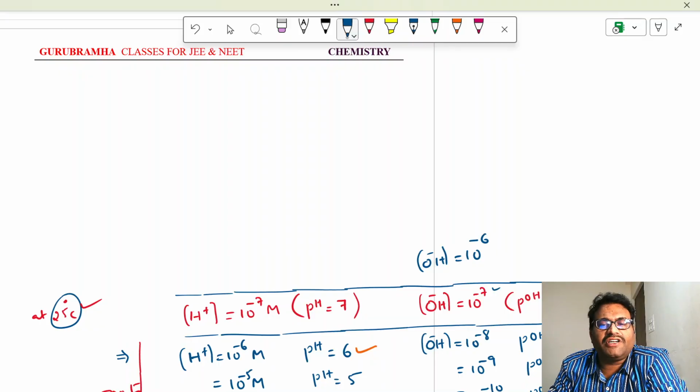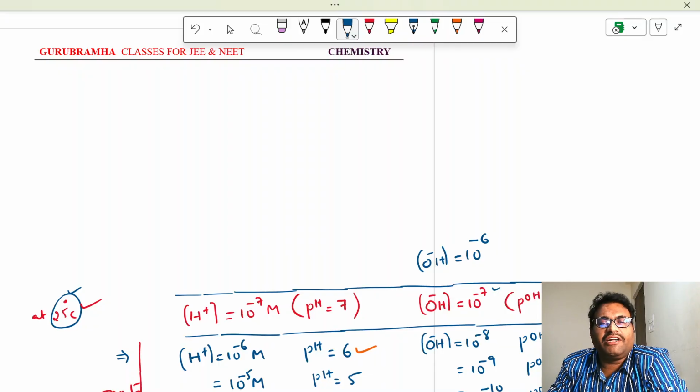So this OH minus ion concentration is greater than 10 power minus 7 at 25 degrees centigrade. When it is greater than 10 power minus 7, automatically it leads to basic nature. The solution will be basic, no longer neutral. When it is 10 power minus 7 at 25 degrees centigrade, it will be neutral.